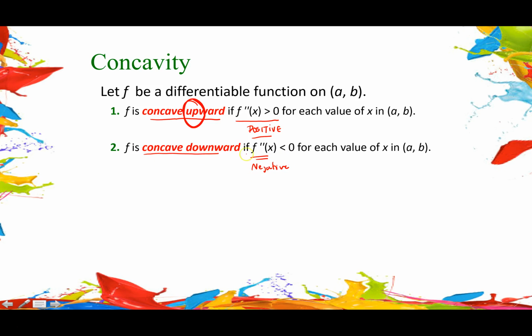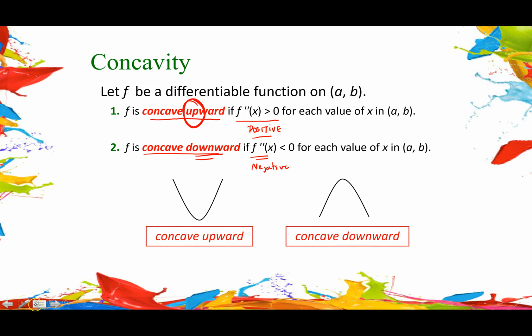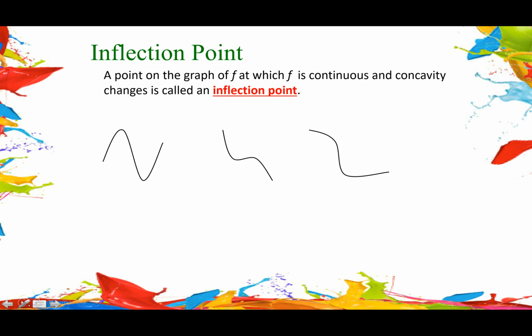You can think of negative as being down. Concave up looks like this, and concave down looks like that. Again, think of a cup that is upright versus a cup that is downright. I'm a really good artist. Okay, so concave up looks like that, concave down looks like that.